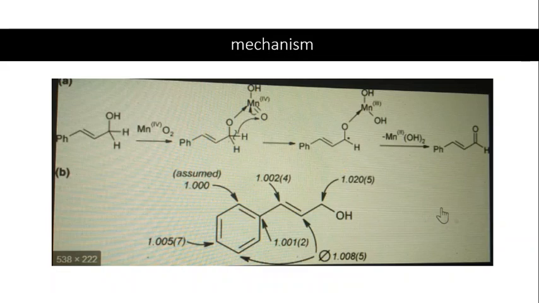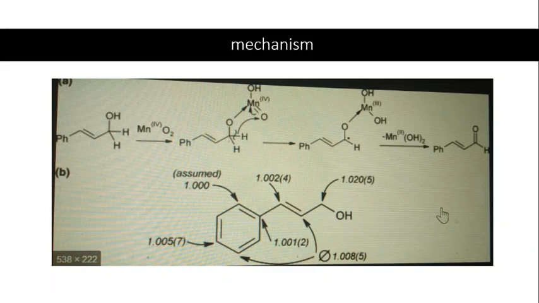The reason is that it results in the allylic radical, because the allylic radical is more stable. By doing this, we get the allylic radical, and that is quite stable compared to the other one. That's why the allylic position is oxidized using manganese dioxide, the manganese(IV) compound.